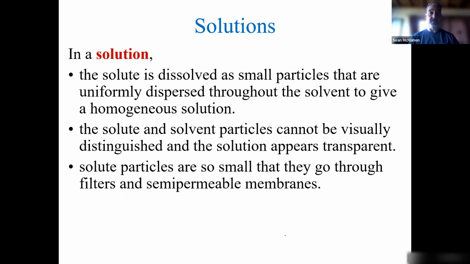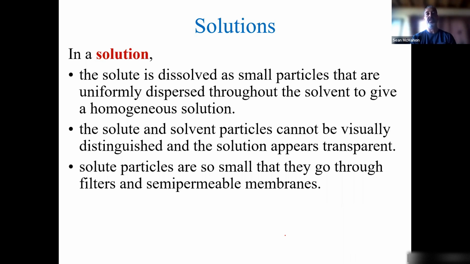The solute particles are so small that they can go through a filter or a semi-permeable membrane. What do I mean by semi-permeable membrane? It's a membrane where there are such small pores that only very tiny particles can fit through.